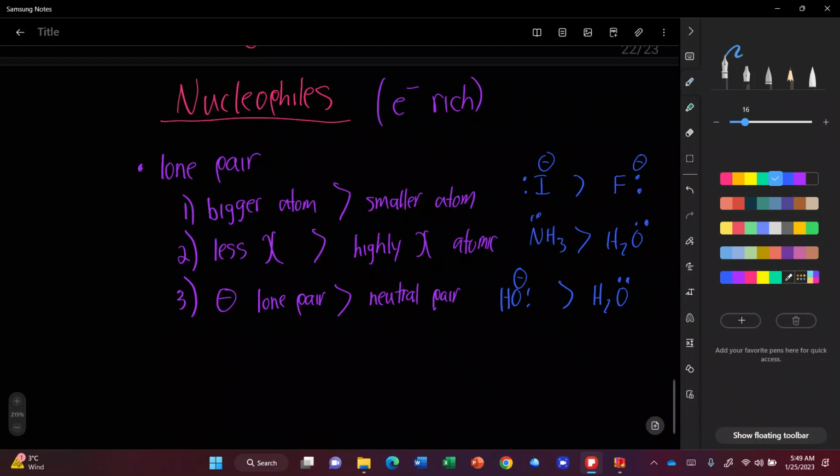So if something is really electronegative, like oxygen, oxygen does not want to give its electrons away. If I have H2O, that lone pair on that oxygen wants to stay on that oxygen. It doesn't necessarily want to get dumped into some random antibonding orbital somewhere.